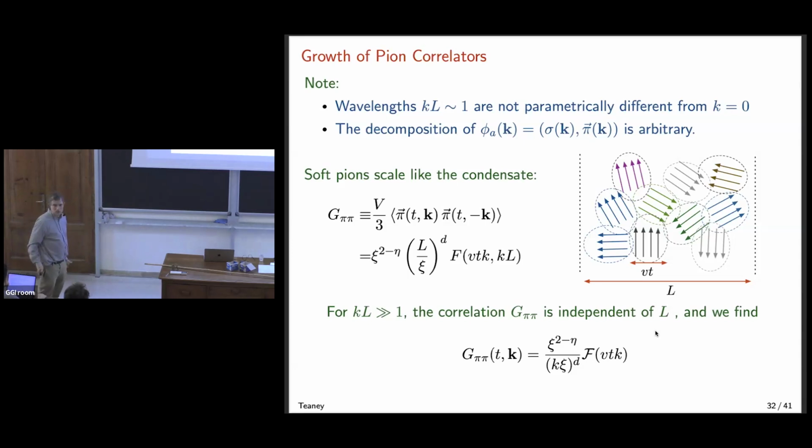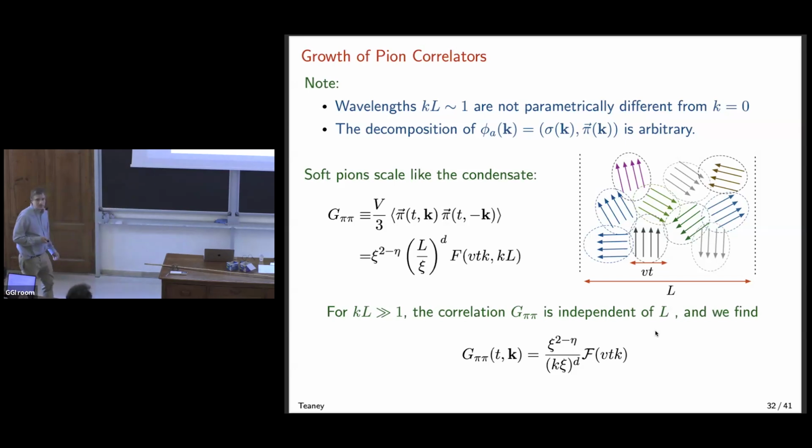So the box now is super large, but k is finite, then it should become independent of L, right? And you basically get a prediction for how the pion yield, or the equal time expectation value, should scale with the correlation length and the wave number, and it scales like k times ξ to the power d times some function of vtk.